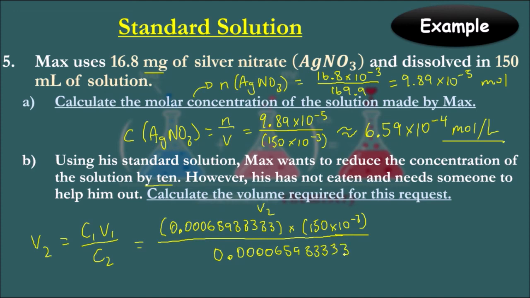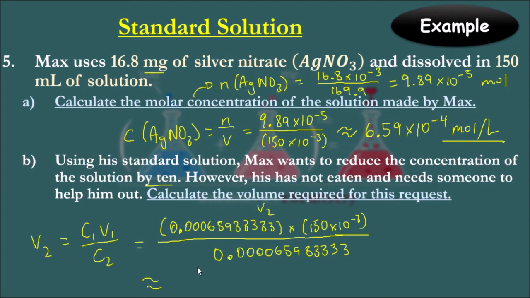Okay, just remember, if I want to decrease the concentration by a factor of 10, that means we move the decimal point in the other direction by 1 position. So, basic mathematics here. Okay, so the final answer we get, we're going to round it off to 3 significant figures.